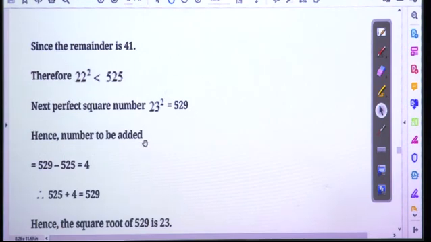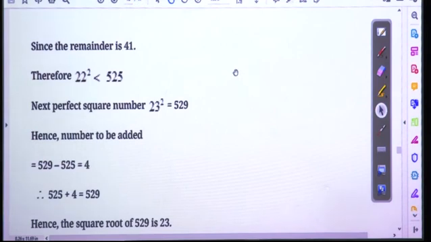Hence, the number to be added to 525 is 529 minus 525, which is equal to 4. That is, 4 must be added to 525 to get a perfect square, that is 529, and hence the square root of 529 is 23.